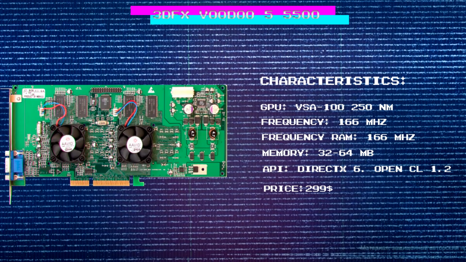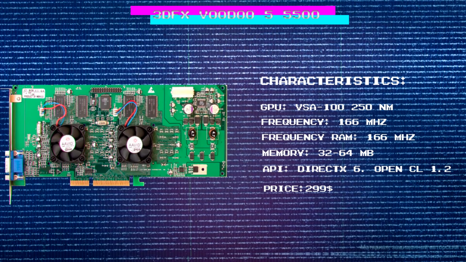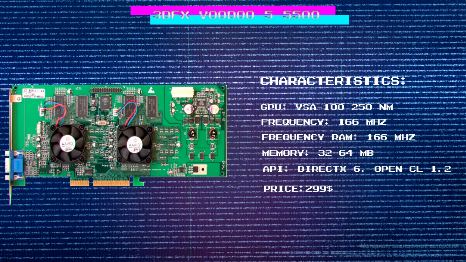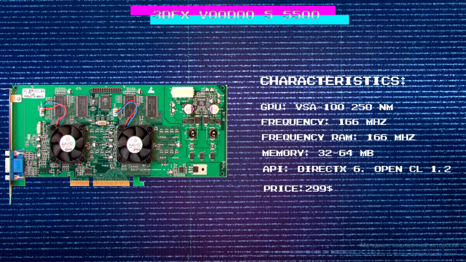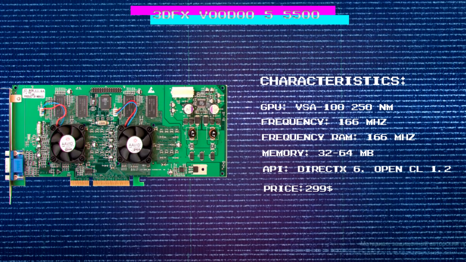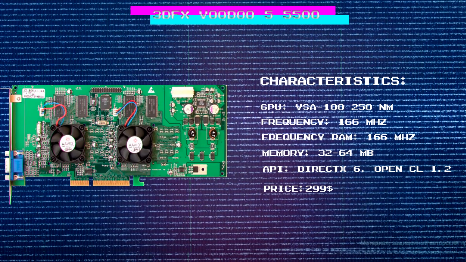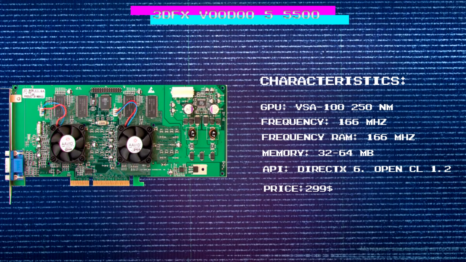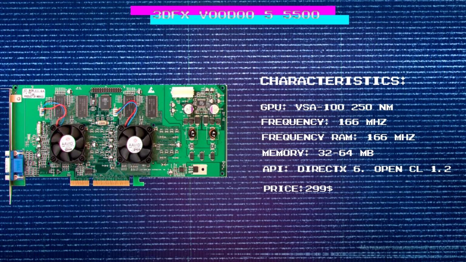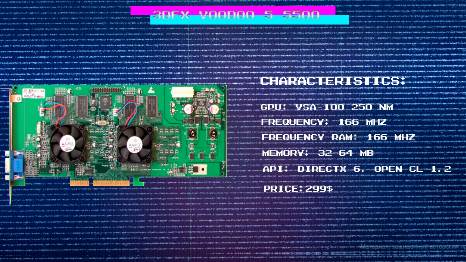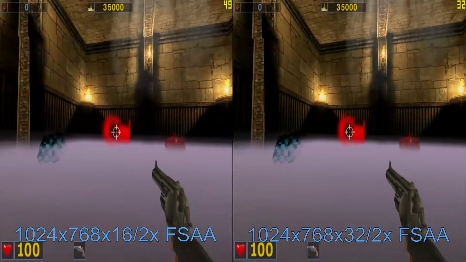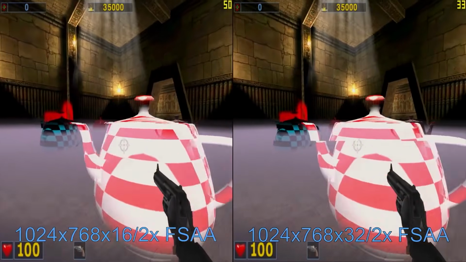The first graphics card to use the VSA-100 chip was the Voodoo 5. It was based on two chips. The crystals themselves were made using a 250nm process technology. This is despite the fact that the thinner 220nm technological standards had already been mastered. The chip contained 40 million transistors, the frequency of the GPU and memory was 166 MHz, and the memory capacity was 64 MB of SDRAM type.